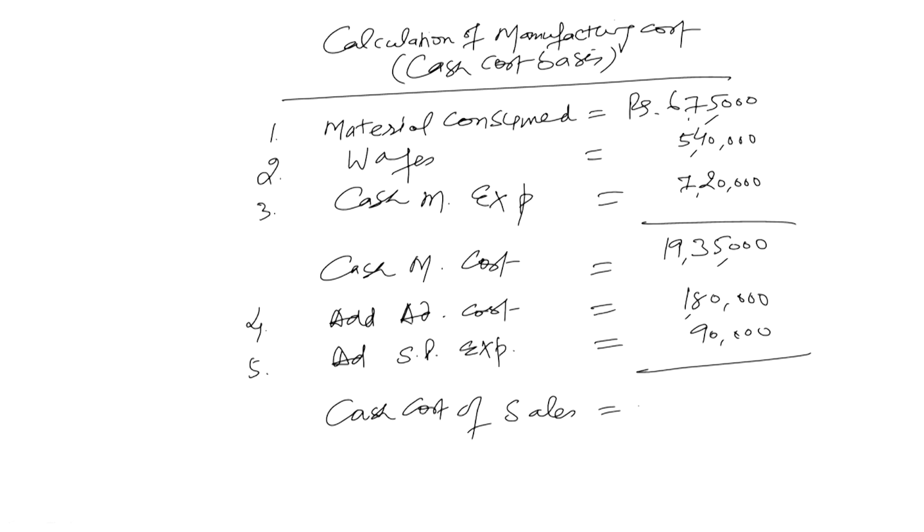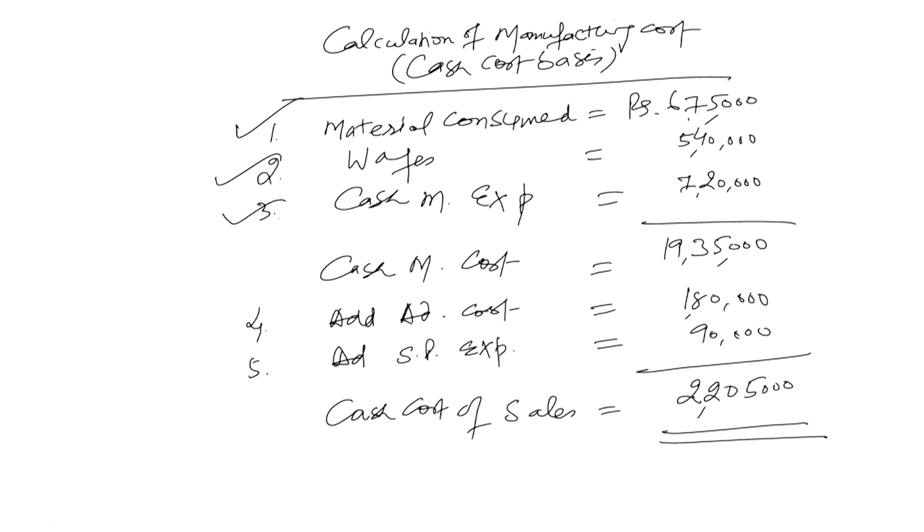The total is 2,205,000, that is 22 lakhs and 5,000. So this is the total cash cost we have calculated. Here we have not taken any cost such as depreciation or any other non-cash cost. Raw material is also a cash cost component, and the wages are also a cash cost component.